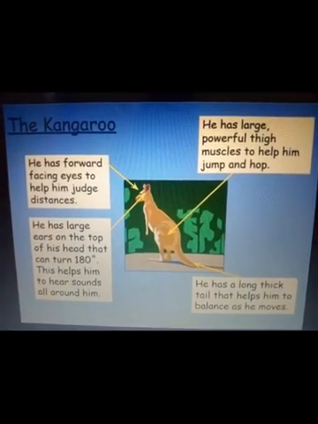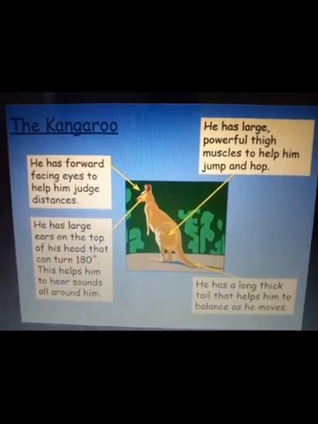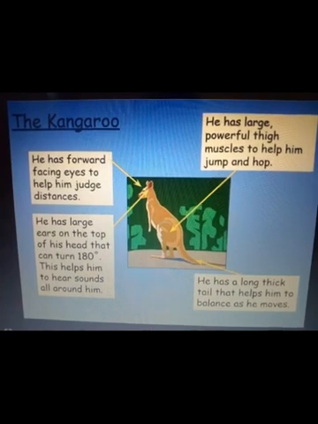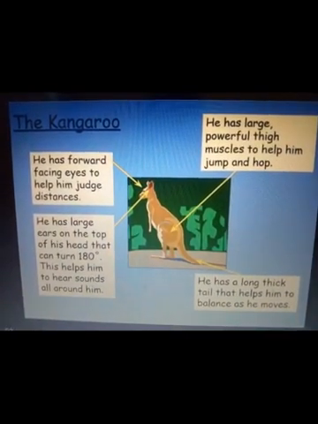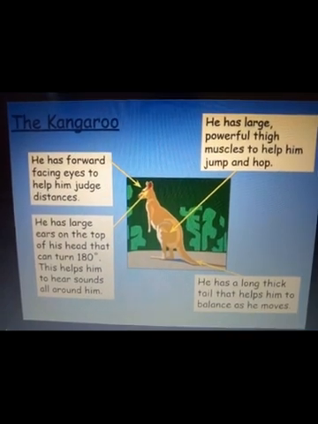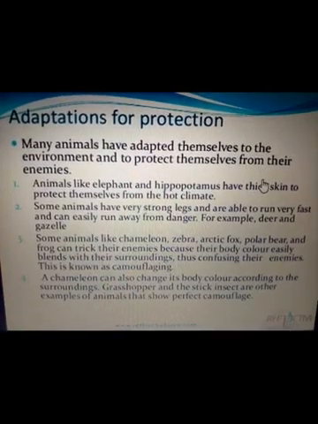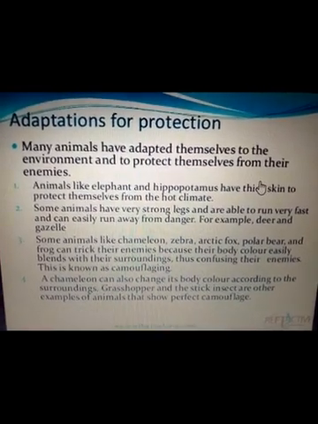Because the long thick tail helps him to balance as he moves. So these are the features in a kangaroo which help him to jump and survive. So this is how different animals live in their particular habitat.